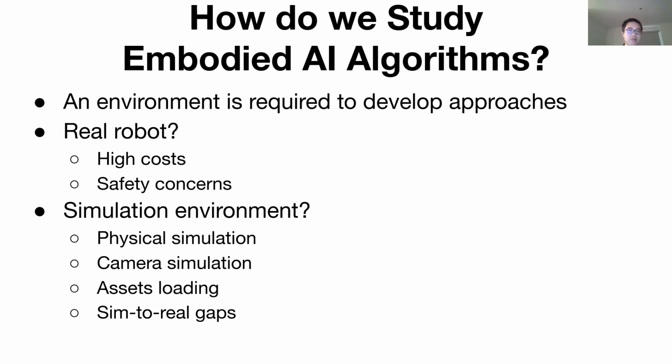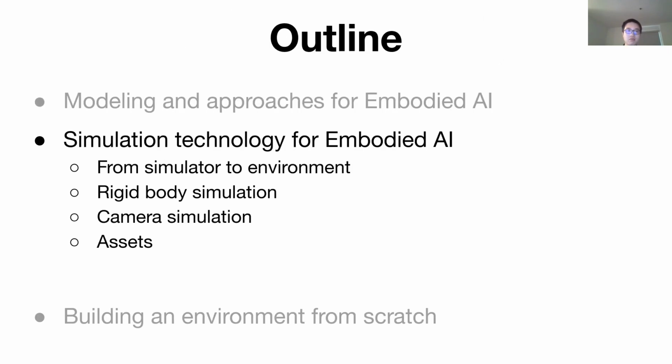Real robots may have high costs and safety concerns, while for simulations, we need to understand the techniques and limitations of them, such as physical simulation, camera simulation, asset loading, and problems in sim-to-real. So for the next topic, we are going to take a look at the simulation technologies for embodied AI. This topic includes an overview of simulators and environments, and the important techniques.